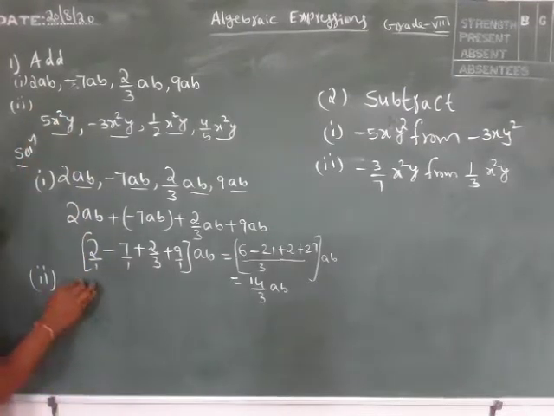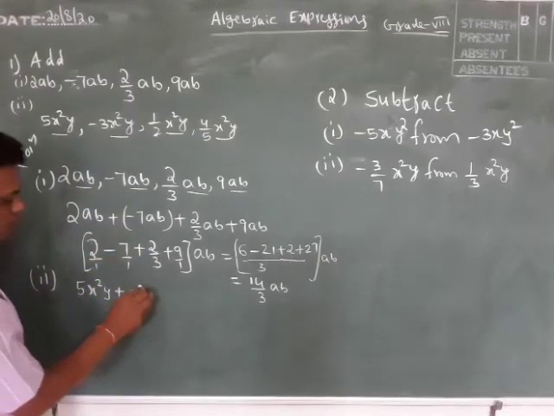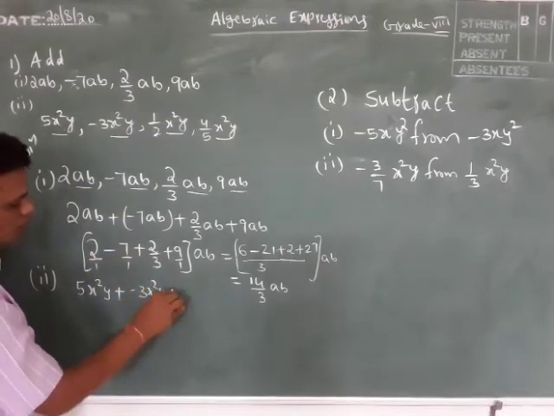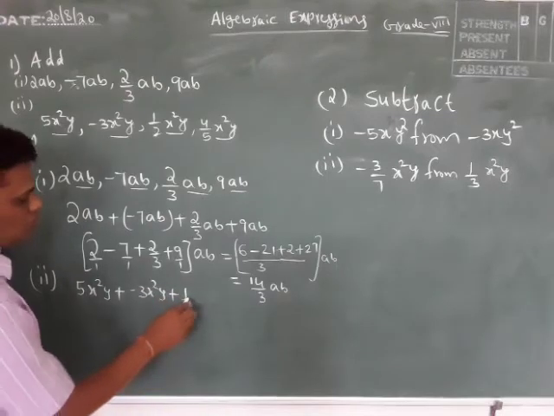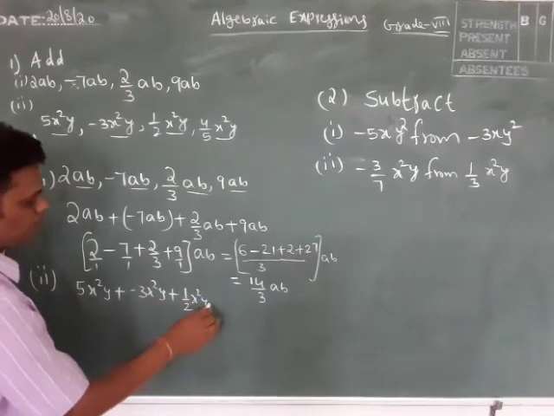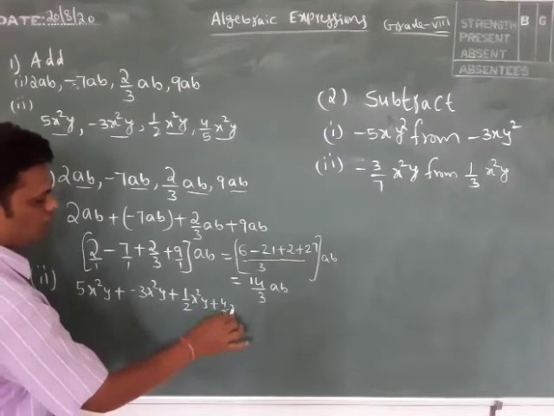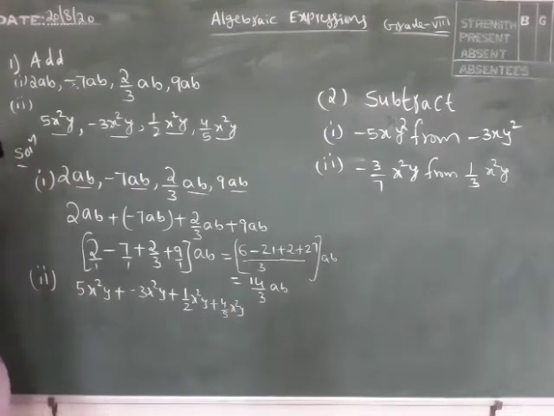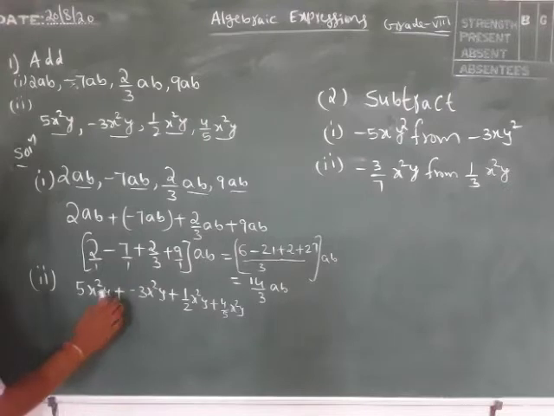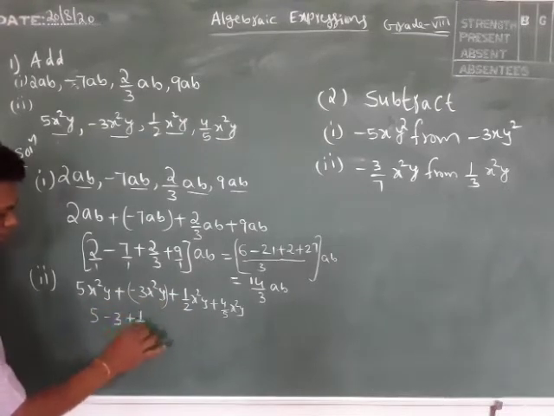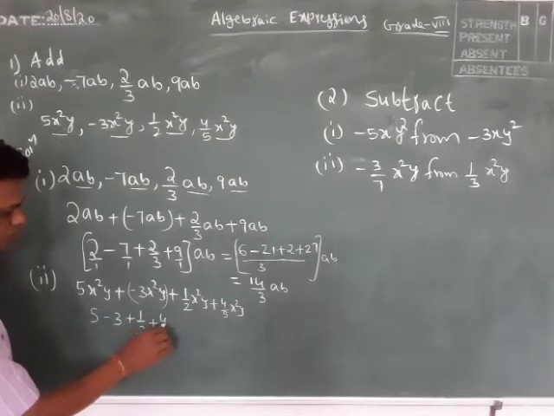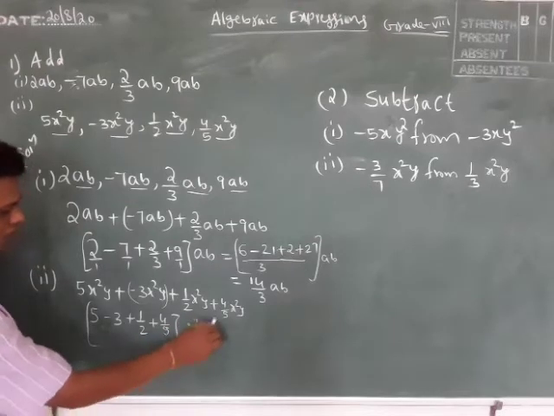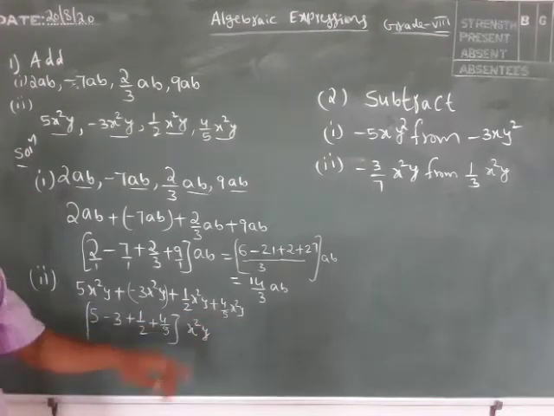So addition: 5x square y plus minus 3x square y plus 1 upon 2x square y plus 4 upon 5x square y. Now see, 5 minus 3 plus 1 upon 2 plus 4 upon 5, x square y. Here x square y is common.